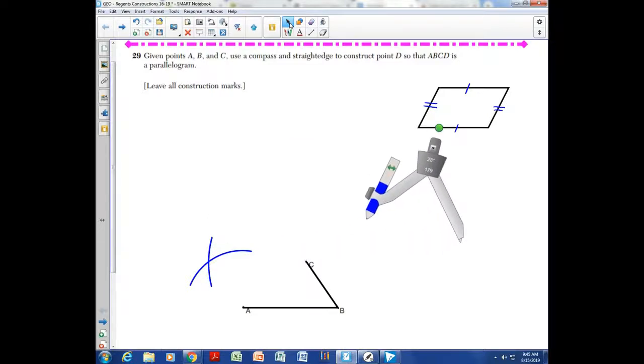That point of intersection is what we're looking for. I'll emphasize it right here. I'll call that point D, and then finish off my parallelogram by drawing with my straight edge from C to D and from D back to A. We now have parallelogram ABCD.